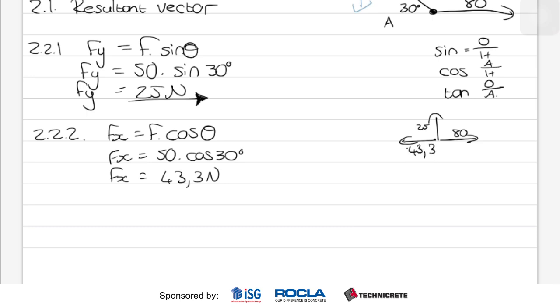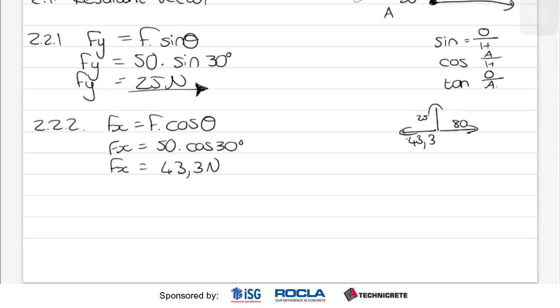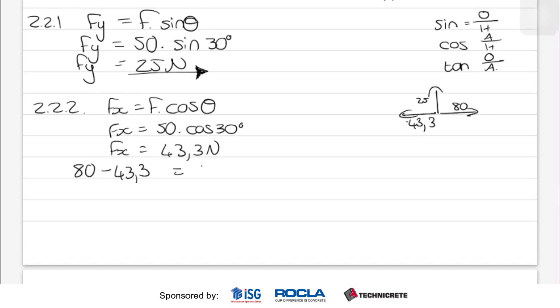So now we know that here to the left we have 43,3, and to the right we have 80, and up we have 25. So we need to figure out our net in this direction, that plane. So we would say 80 minus 43,3, which would give us a resultant of 36,7 newtons to the right.